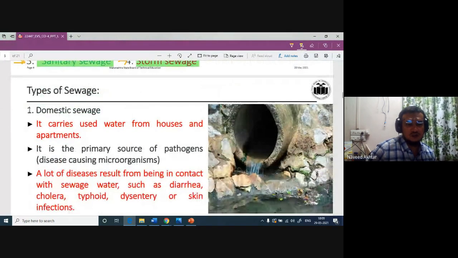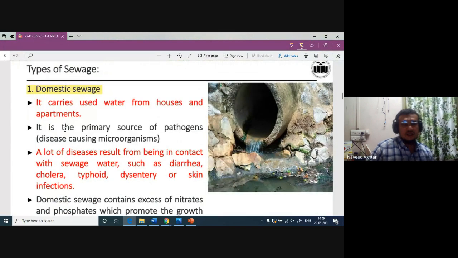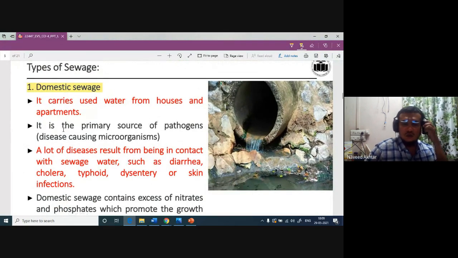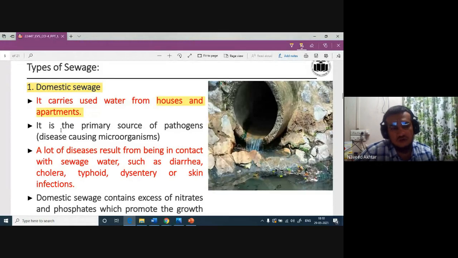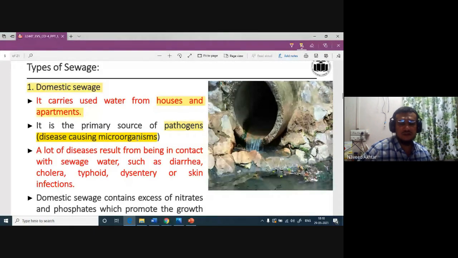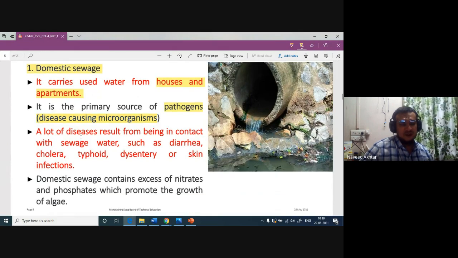Now first we will come to the domestic sewage. It carries used water from houses and apartments. The wastewater from houses and apartments is termed domestic sewage. It is the primary source of pathogens. Pathogens means disease-causing microorganisms. It may be bacteria, viruses, or other microorganisms.